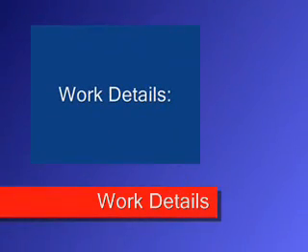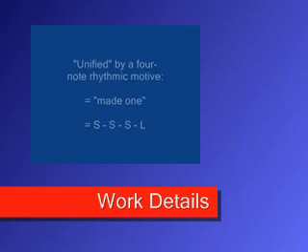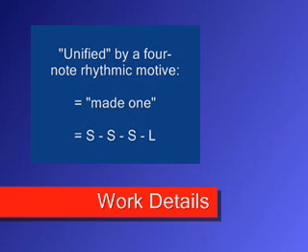Although there are many good reasons to examine this work in its entirety, there is one work detail that is particularly noteworthy. That is, this work is unified by a 4-note rhythmic motive. By unified, I mean that it is made one.